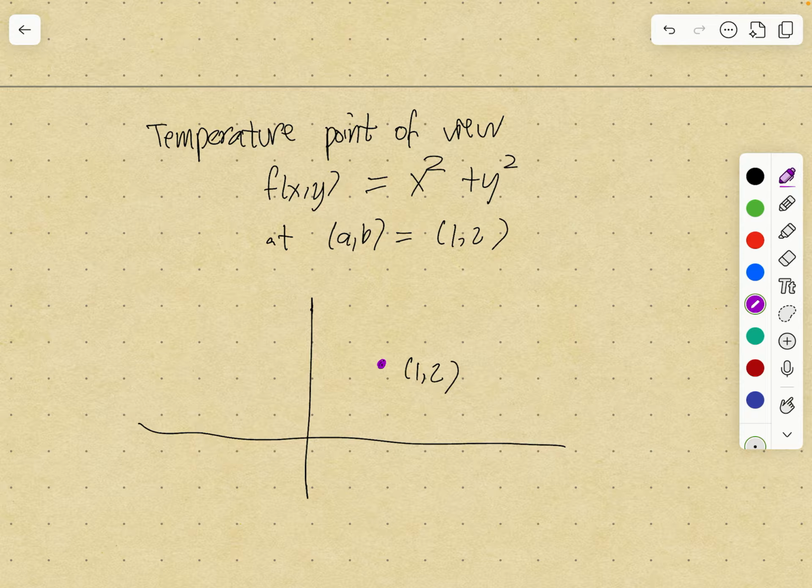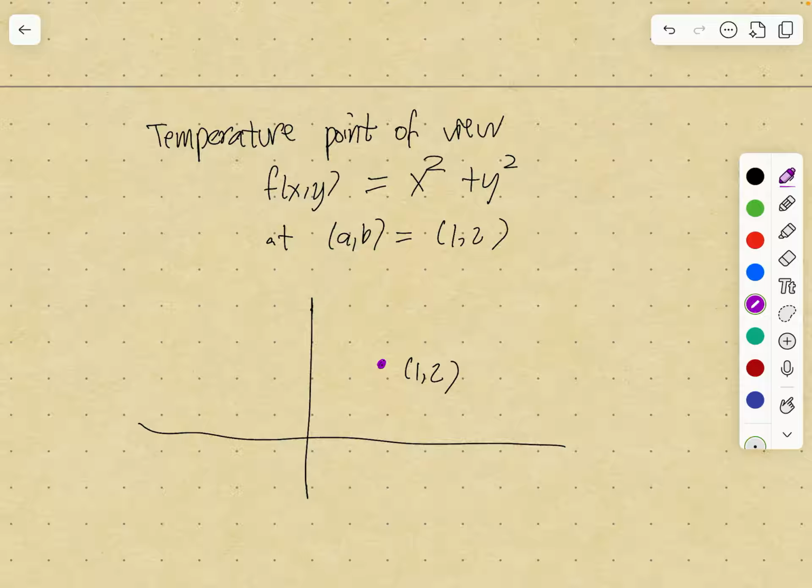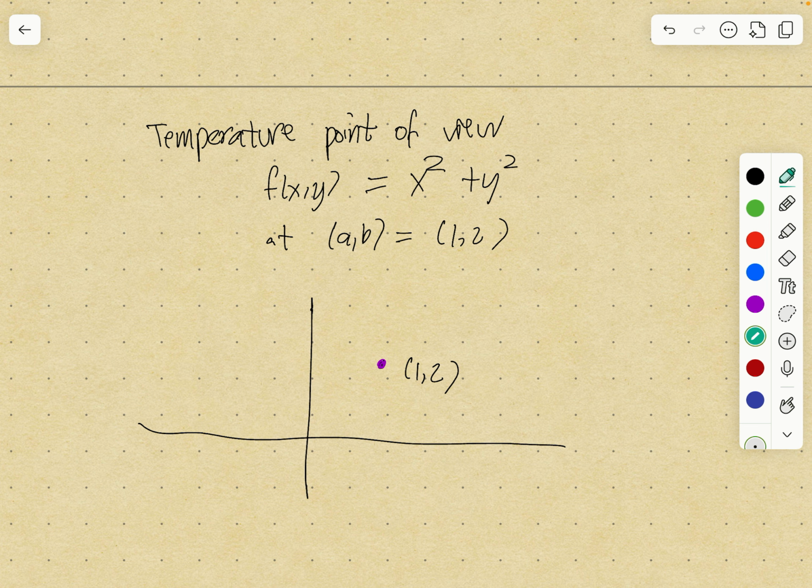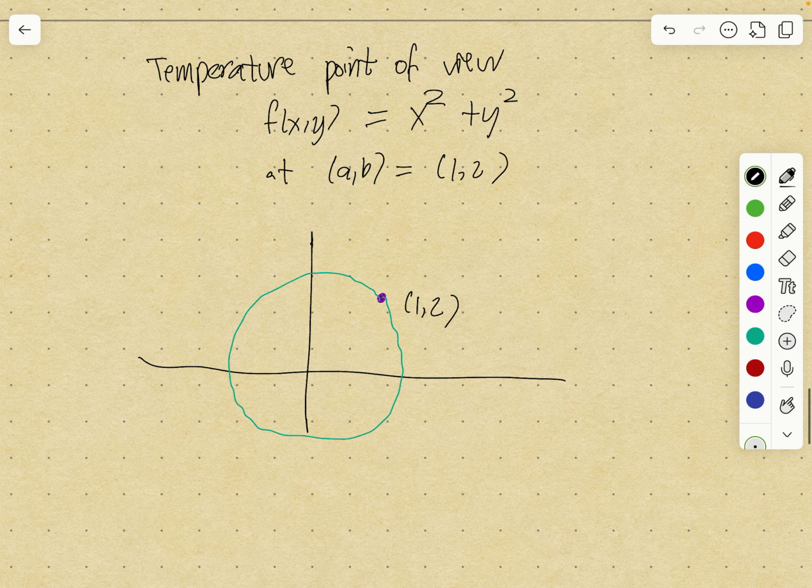And each point has a temperature. Well, let's look at where the temperature is equal to a certain constant for various constants. Right now, the temperature is 5, right? We know that the points where the temperature is 5 is a circle centered at the origin.